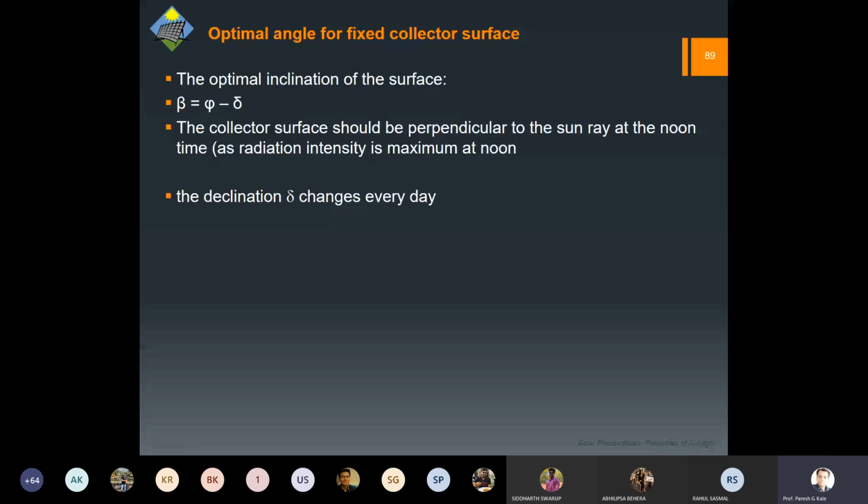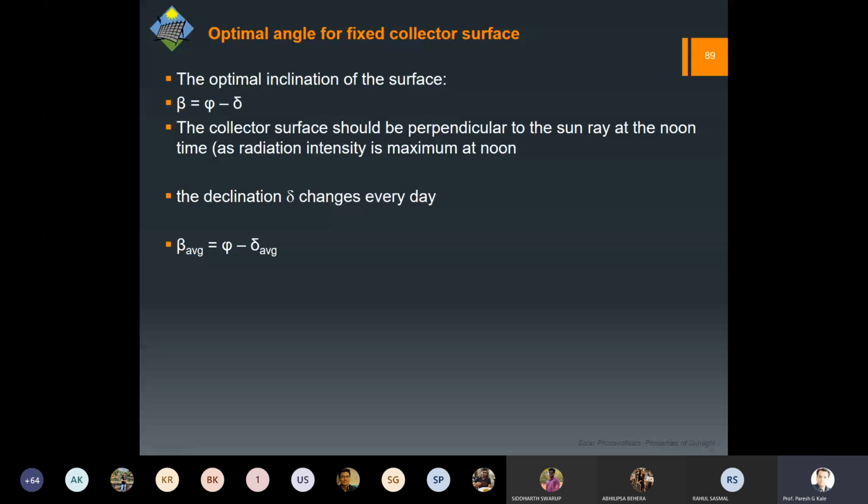Now, suppose we are going for a fixed collector. Over the year, what will be the average value of this delta? That has to be equal to 0, because plus and minus 23.5 cancel out each other. Then if we take the average value of beta, phi is constant, so it doesn't change.